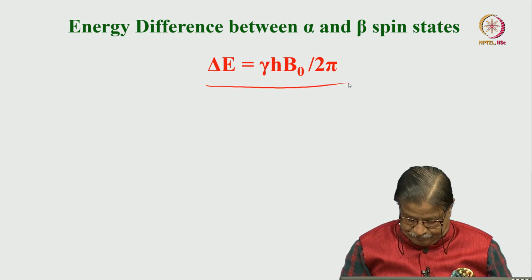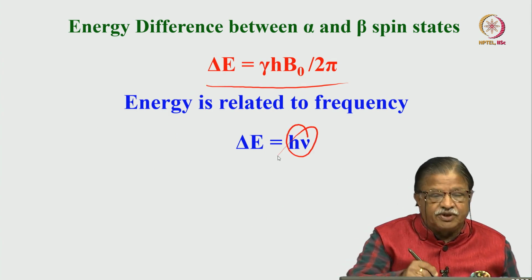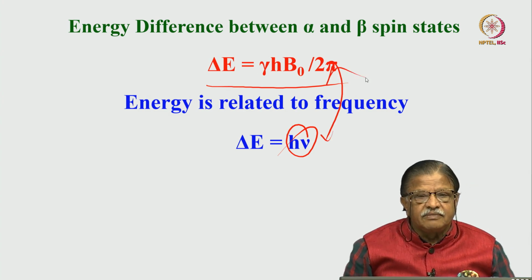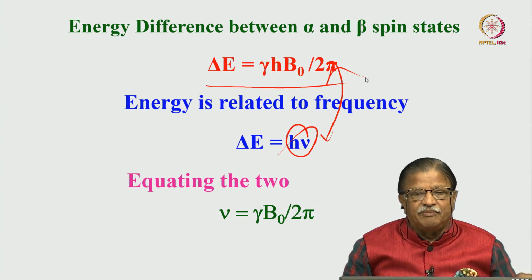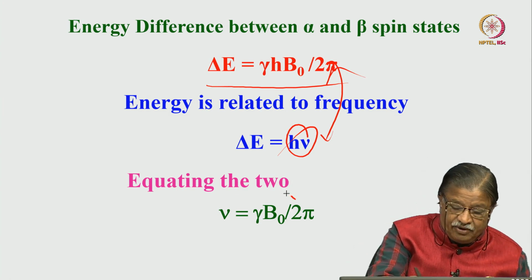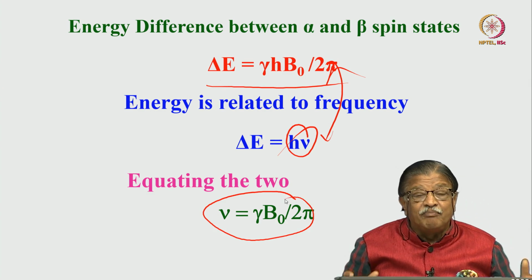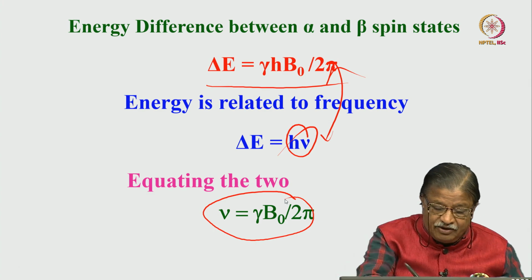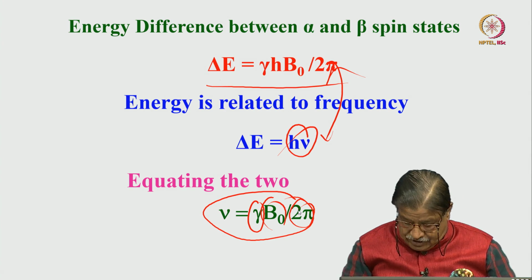Of course, you all know energy separation is related to frequency, h nu. Equate these two, and with some simple juggling, you will find nu is equal to gamma into B naught over 2 pi. This is an important equation of NMR called the resonance condition, where nu is equal to gamma B naught over 2 pi.